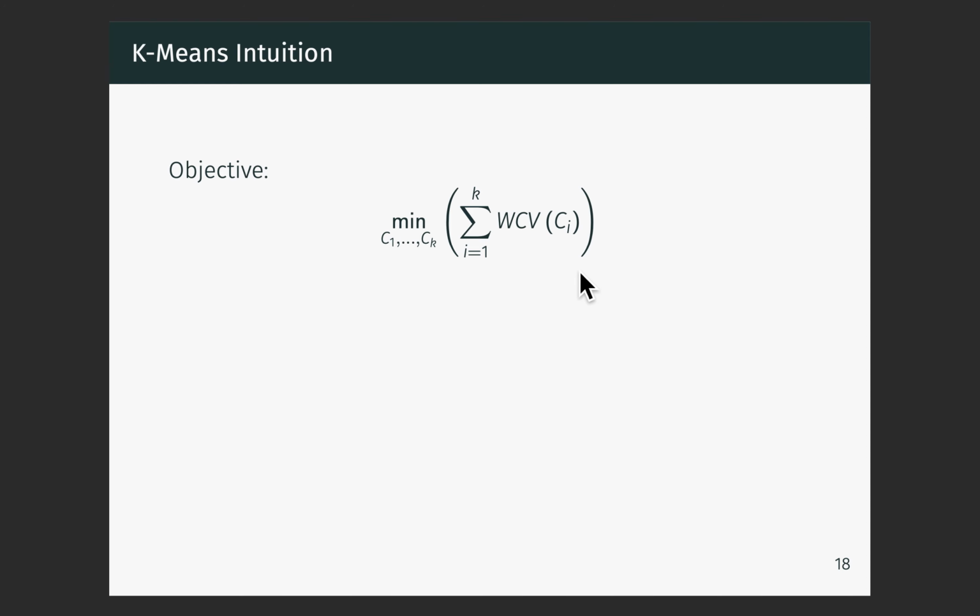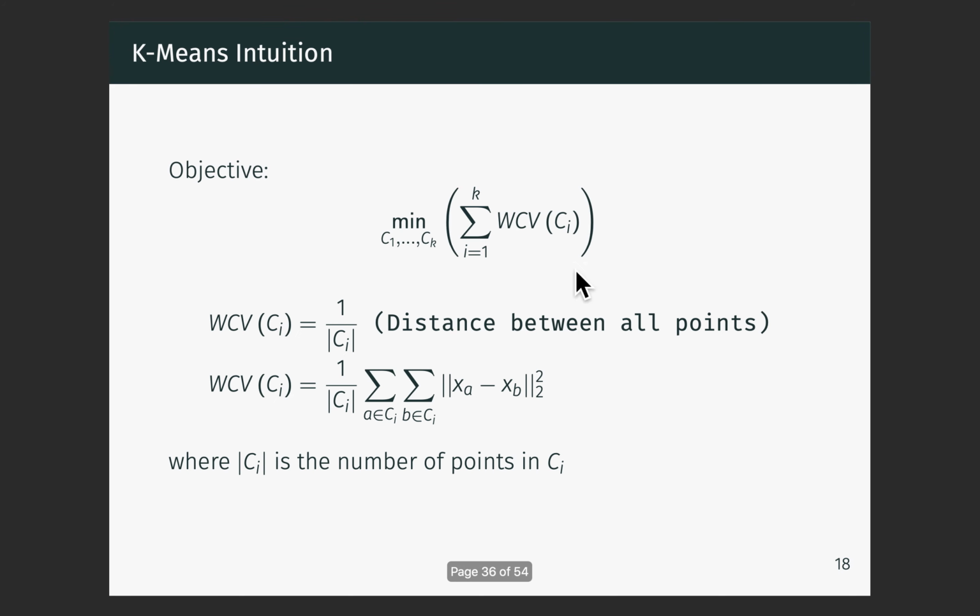Let's try and understand this term a little bit more. So we define the within cluster variance of a cluster Ci as, firstly, you divide by the number of points in that cluster so that you get some average statistic, and because you don't want to penalize the clusters which have more points, they might naturally have more distance between them.